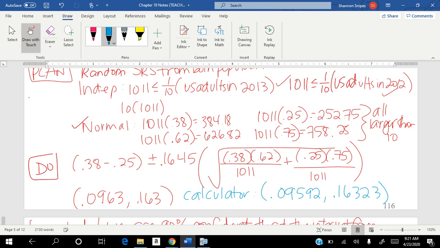So you can see that they're a little different, and that's only because of round off error, because we clearly rounded off some things when we were calculating the interval by hand.